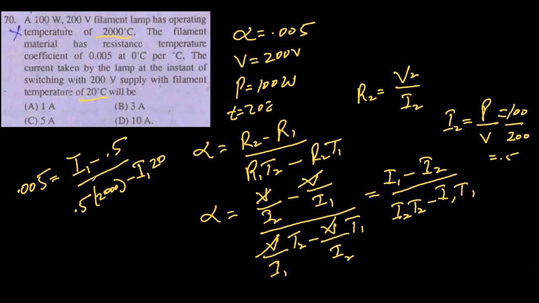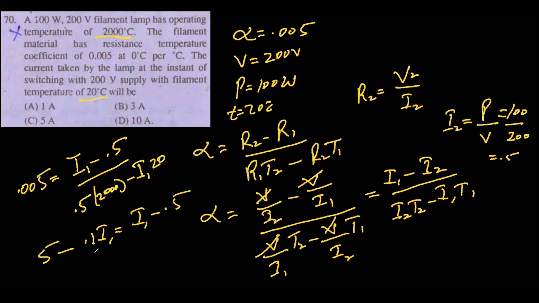Okay, so we need to use the calculator. 0.005 times 0.5 times 2000 will be equal to 5, minus 0.005 times 20, that is 0.1, into I1, is equal to I1 minus 0.5.